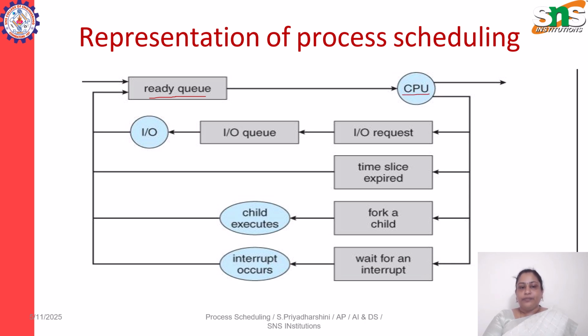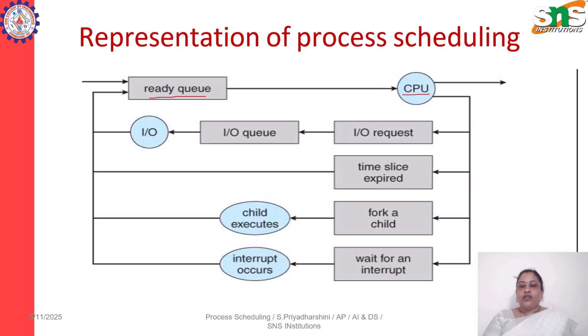From this ready queue, the scheduler decides to which process the CPU has to be given. When the process enters the CPU, it finishes its execution completely and then it will be terminated. Otherwise, there are some conditions in which the process is again made to wait in the ready queue.